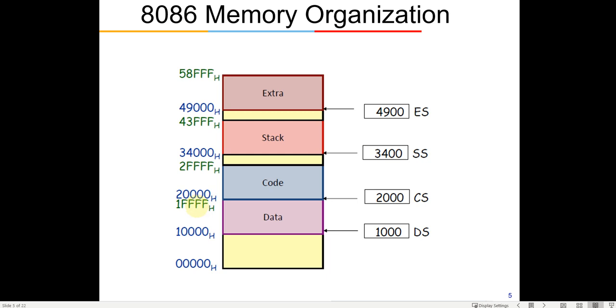Theoretically we can say this is the maximum value, but you can always write BX plus 50 or BX plus SI. So the offset can be more than 16-bit also, because I can write MOV AX, [BX plus 50].